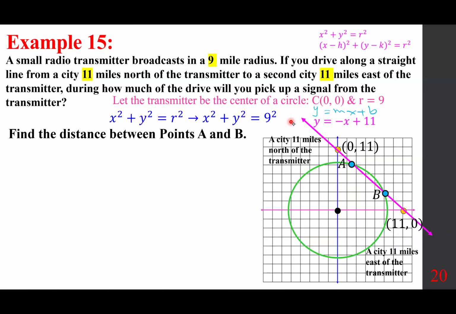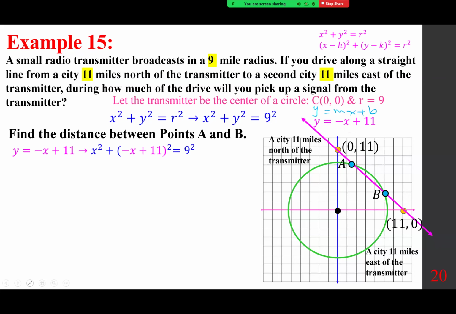To find the distance between A and B, we need the coordinates of each one. Assume A, for example, has coordinates (x, y). What is y? You can replace it with minus x plus 11.